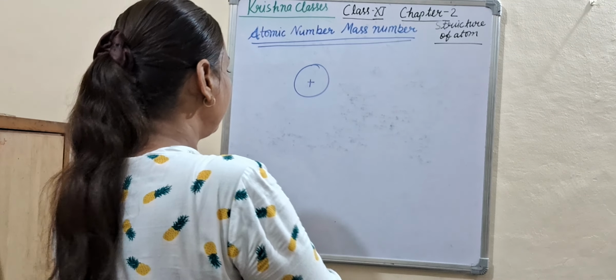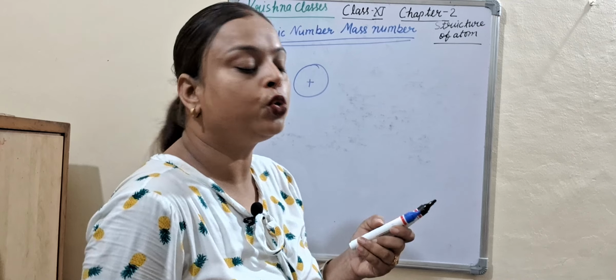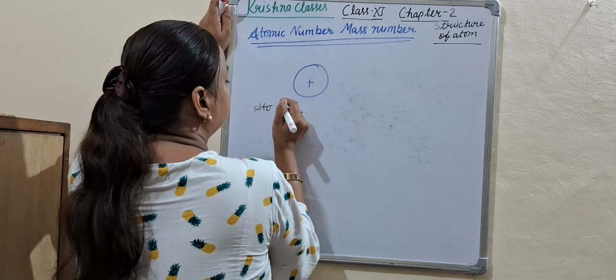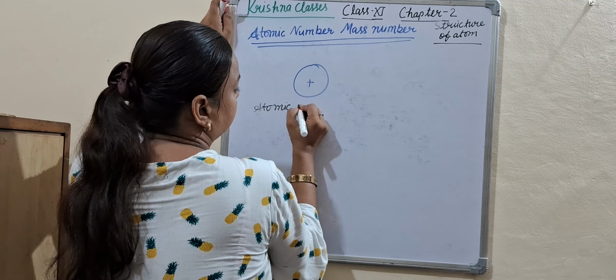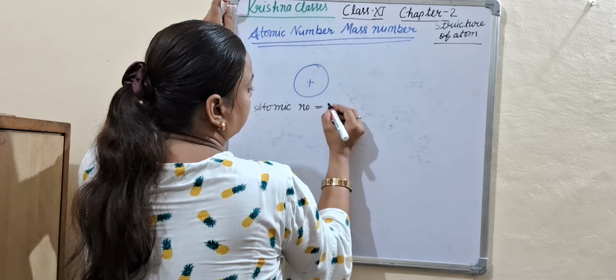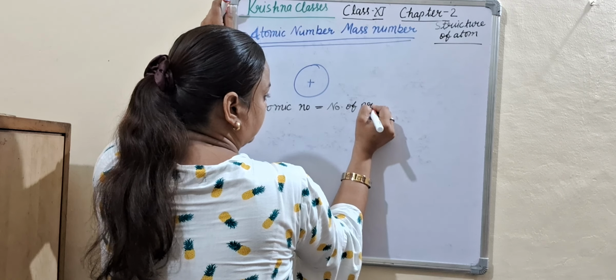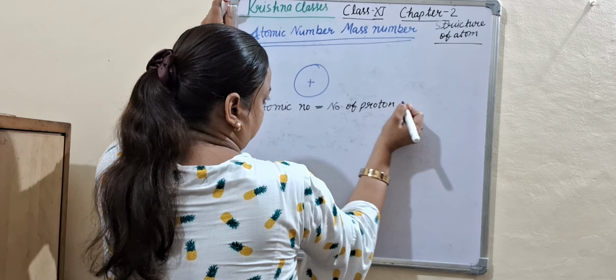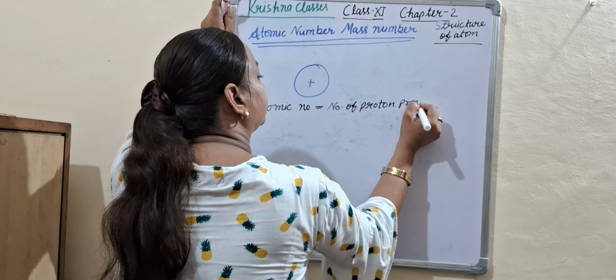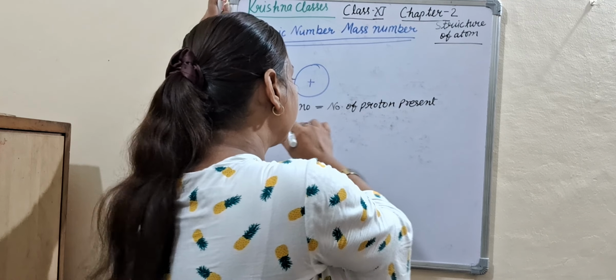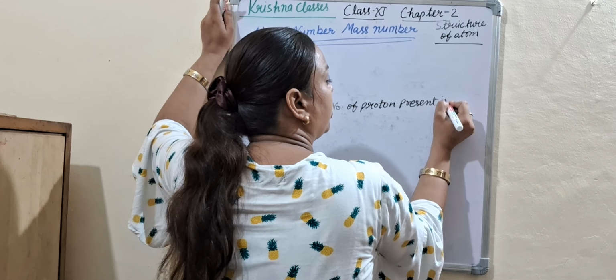Atomic number is equal to the number of protons present in the nucleus. Proton is always present in the nucleus, that's why I am saying number of protons present in the nucleus.